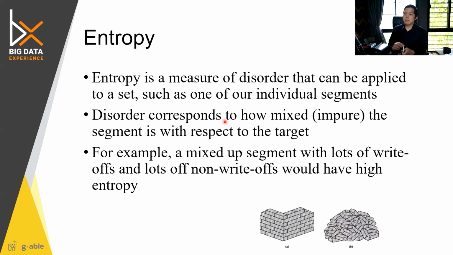So that's a measurement that you may have learned in physics, in thermodynamics. That's called entropy. Entropy is the measurement of disorder. You can use this concept to measure the mixture, the impurity of the segments. For example, if the segments are mixed up between the labels, then it would have high entropy.